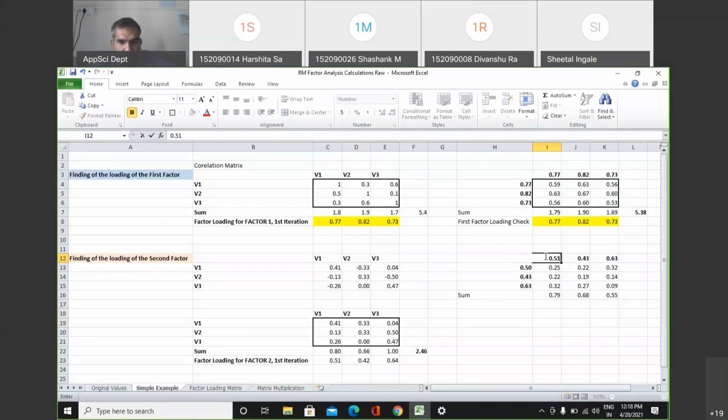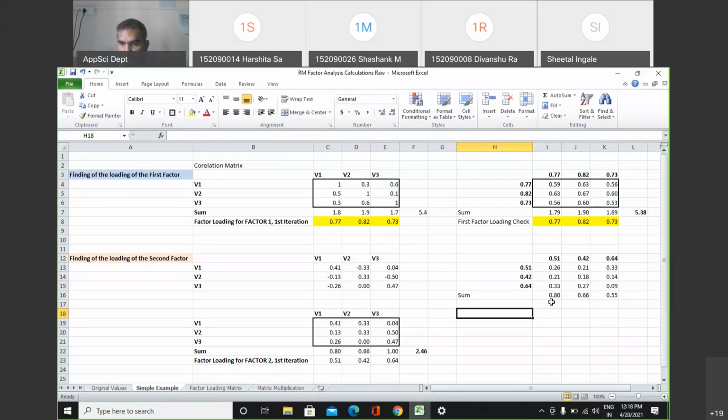We have so few numbers, we can do this manually by hand. 0.64.